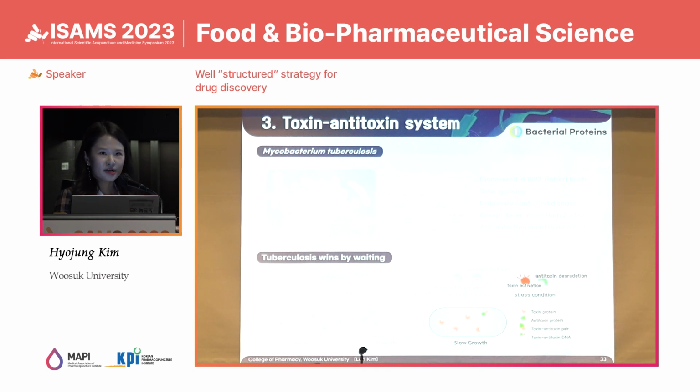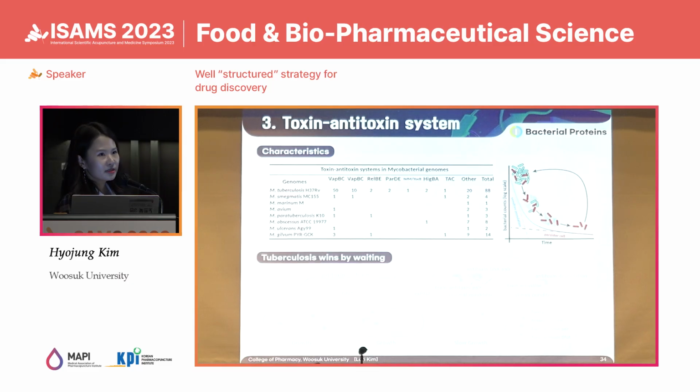But when this bacteria gets stressed, the antitoxin will be degraded and the toxin will get its freedom. And the free toxin can work as a suicidal agent to kill itself. So using this method, the bacteria can keep their quantity as low as possible in our body, and that is called dormancy.